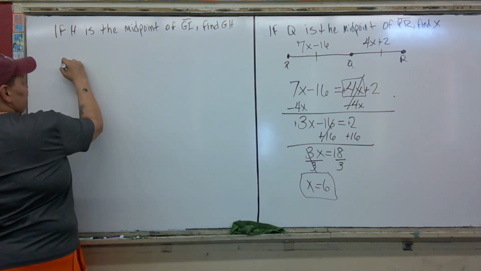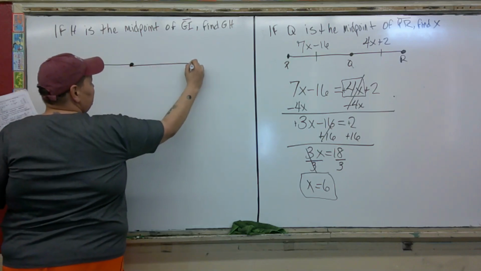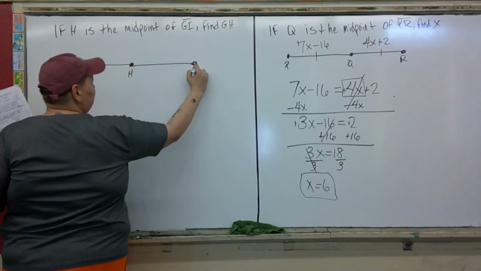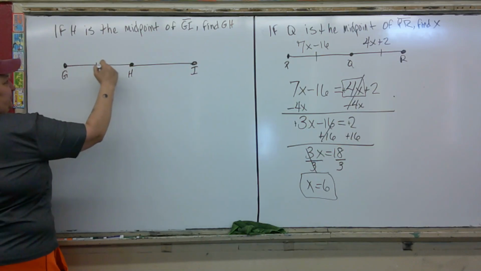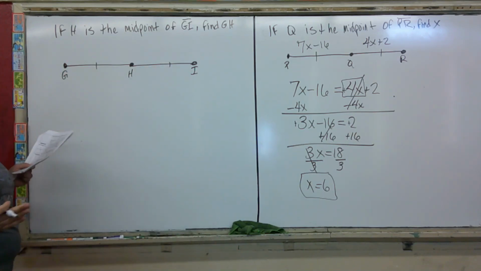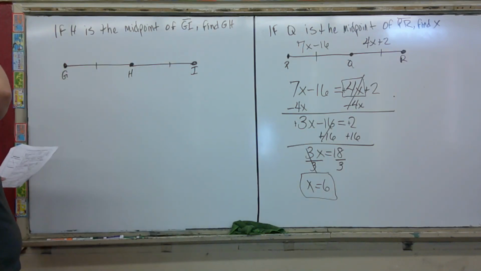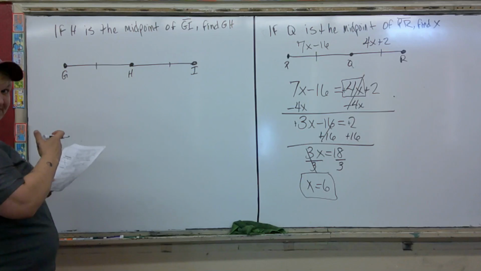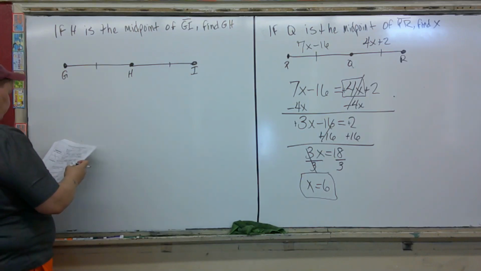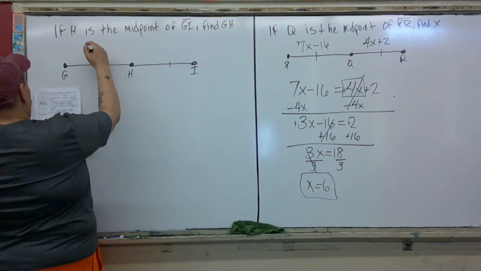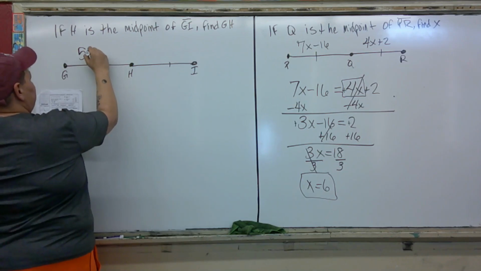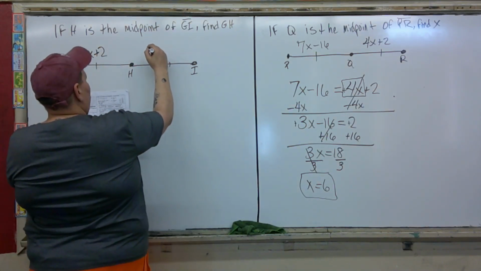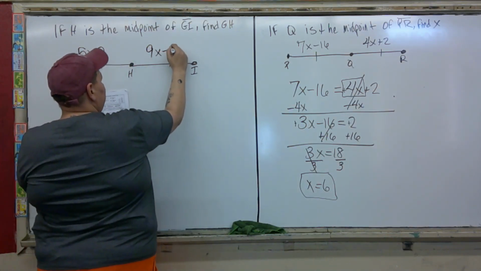Alright, so it says GHI. H is the midpoint, so the left and right are equal. I put these marks to remind myself that the left is equal to the right. G to H is 5x plus 2. H to I is 9x minus 10.